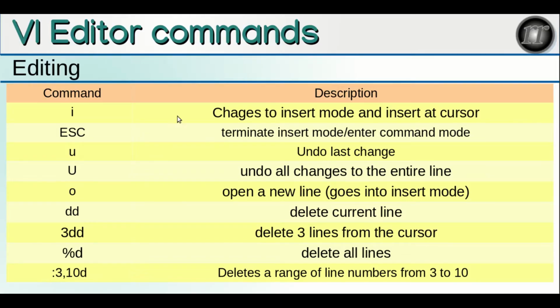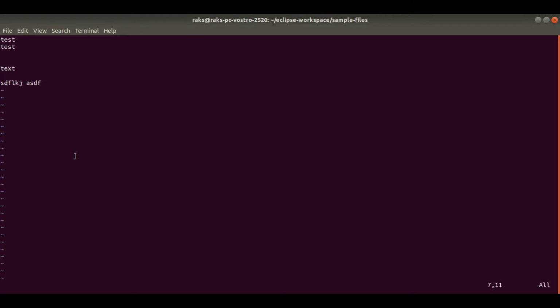After that, what if you want to undo the last change? You will have to press U. So if I want to undo this change, I will press U. It says one change is undone.